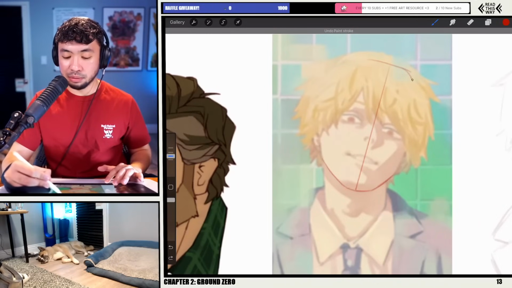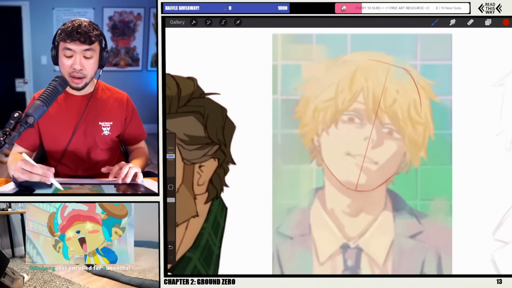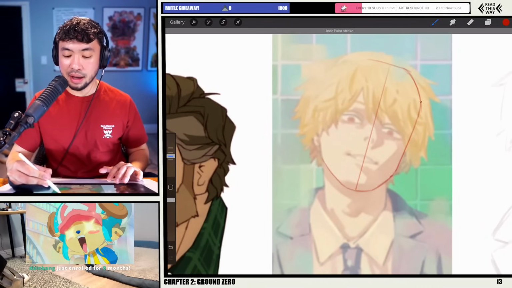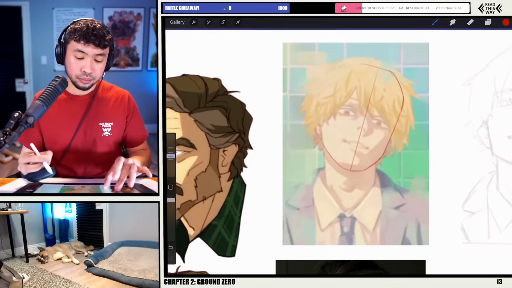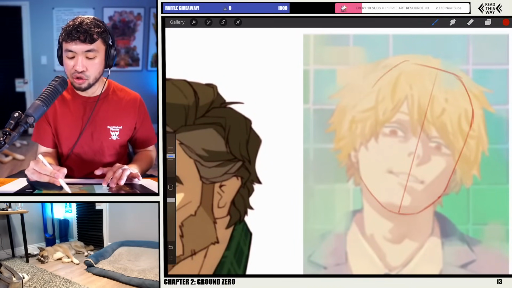Even if you're trying to do a simplified style, like let's say The Simpsons, or even something like SpongeBob, you will actually learn that a lot of that stuff still follows a structure, still follows a form.